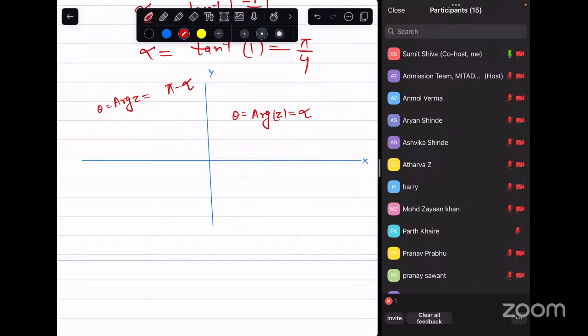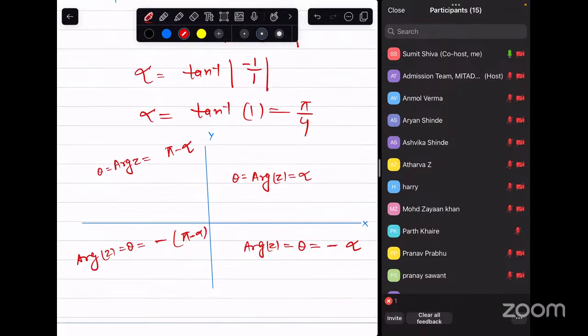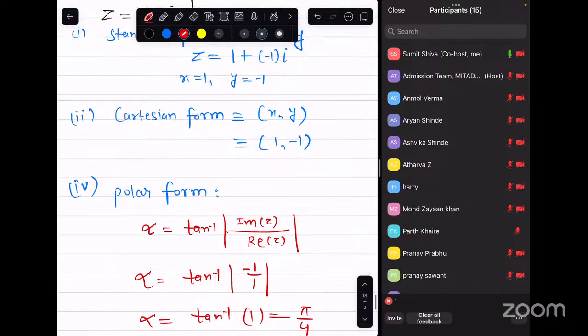In the fourth quadrant, theta will be negative of alpha, and in the third quadrant, theta will be negative of pi minus alpha, that is alpha minus pi. So we have to remember only one concept here: argument in the second quadrant is pi minus alpha, in the first it is alpha, in the fourth it is minus alpha, and in the third it is alpha minus pi.